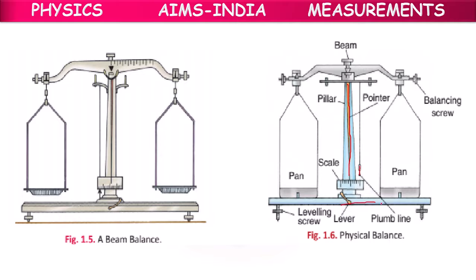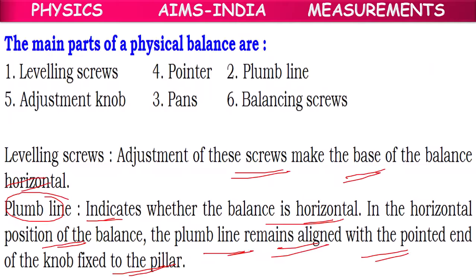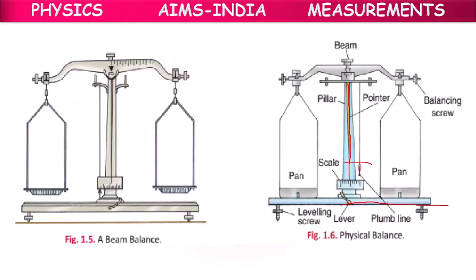If the base is horizontal, then both this pointer and the plumb line align in the same line. Means they align parallel.